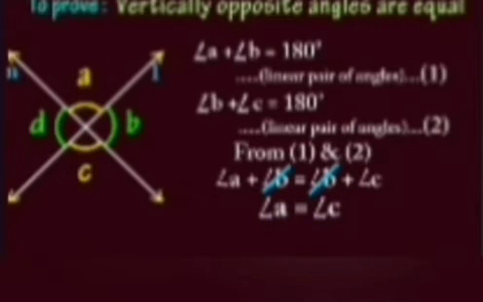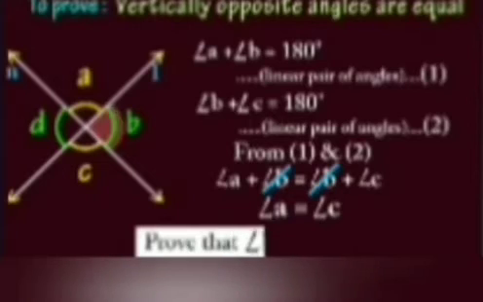In the same way we can say angle B equals angle D. Hence vertically opposite angles are equal, we have proved.